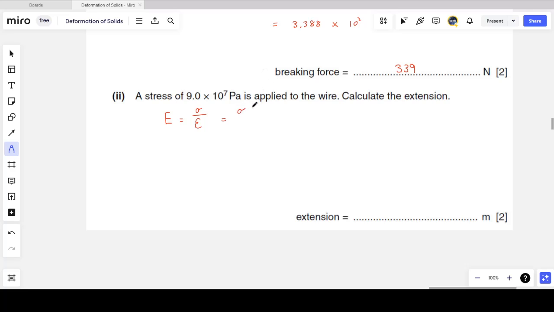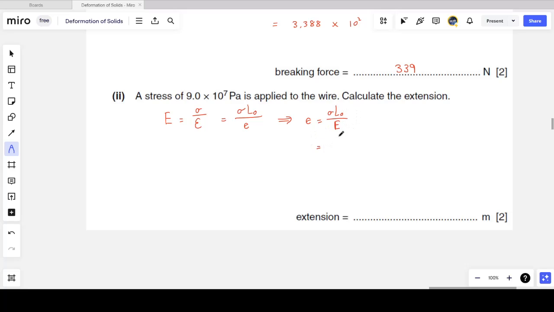So the stress is given, so I can leave sigma as is, multiply by the original length L naught divided by the extension little e. And now I have an expression that I can actually use to solve for the extension little e. Little e is sigma L naught over big E. And all of these values are known.